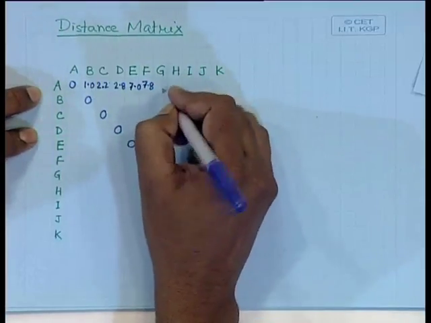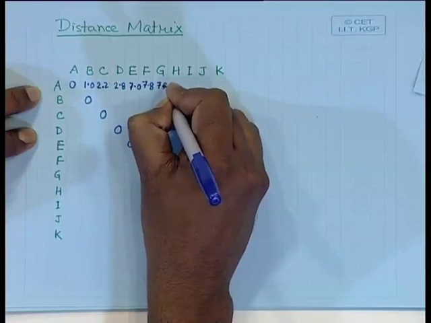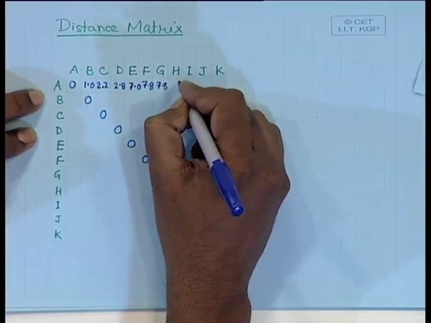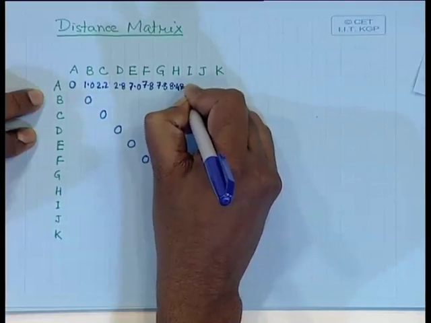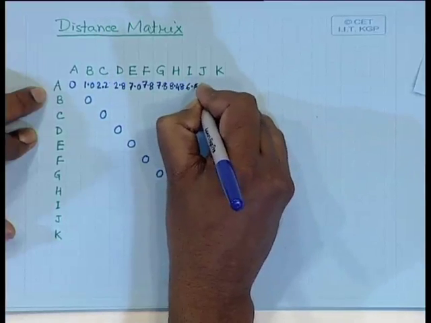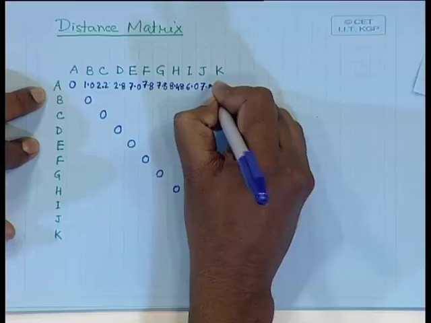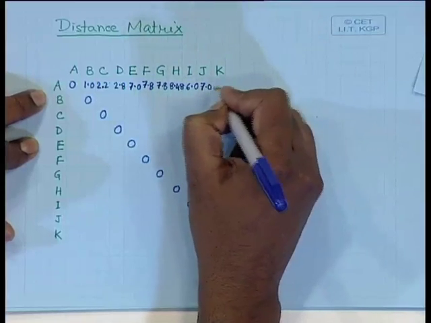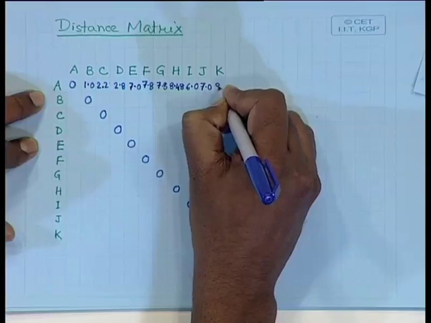Between A and G, it will be 7.8 again. Between A and H, it will be 8.48. A and I, it is 6.0. Between A and J, again 7.07. I am writing 7.0. Between A and K, it is 8.0.